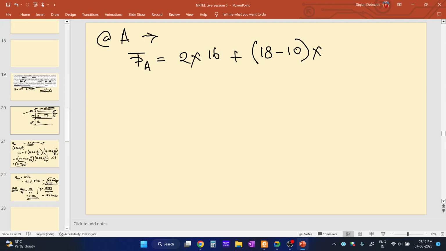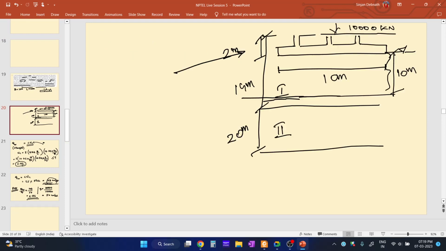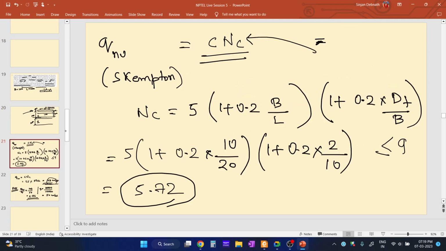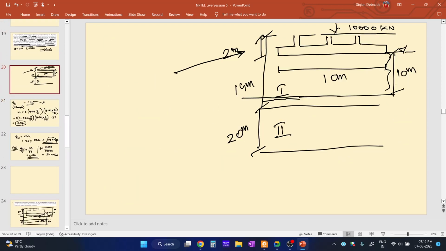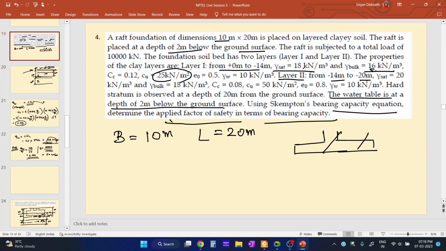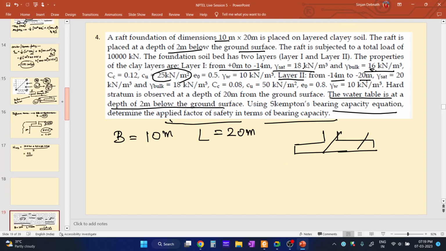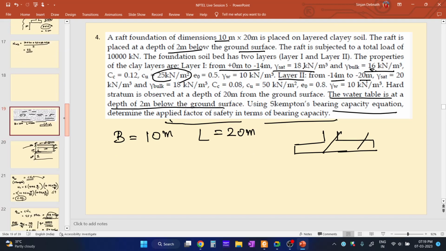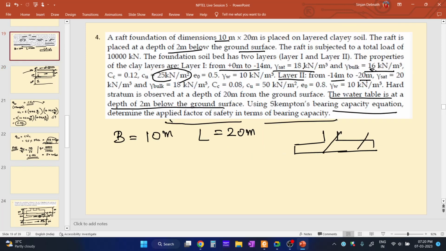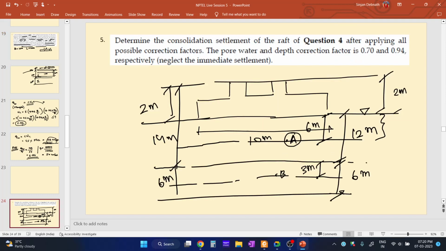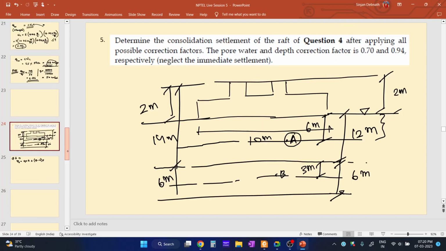How much is the thickness? The thickness of this portion, yes, this.